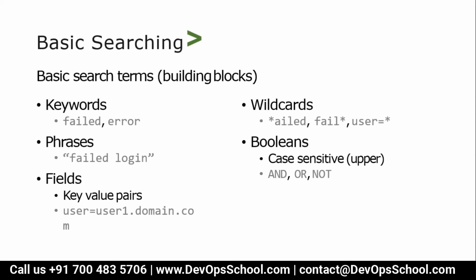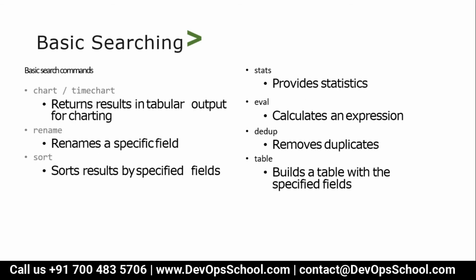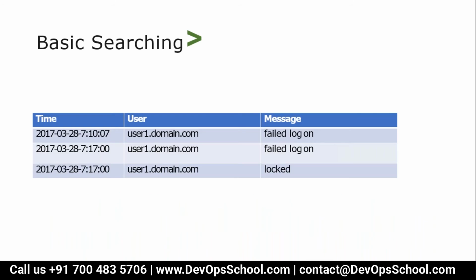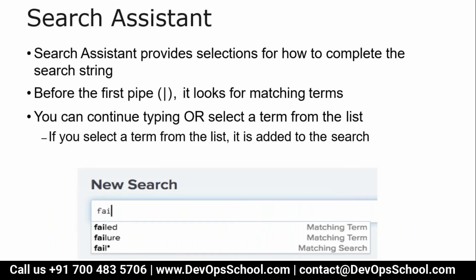So you can use these basic searching techniques. Some of the basic commands we have discussed are table, dedupe, stats, eval, which helps you calculate an expression, chart and timechart for representation purposes, rename and sort. We have also understood how to use these and the results you get.